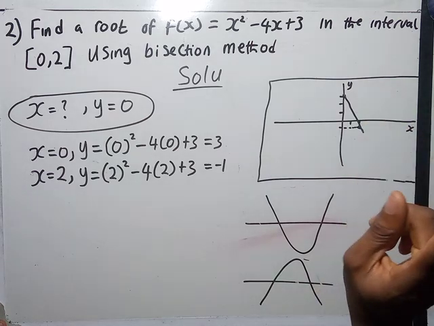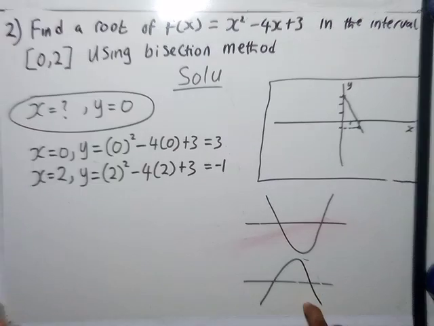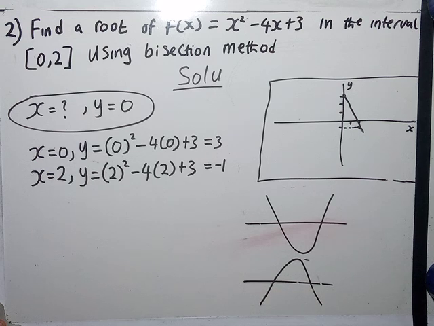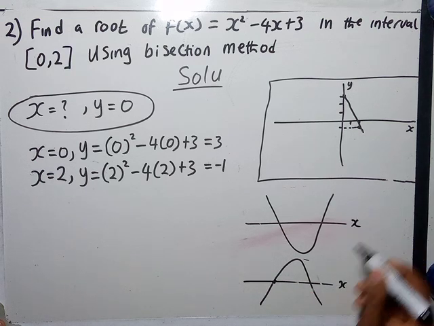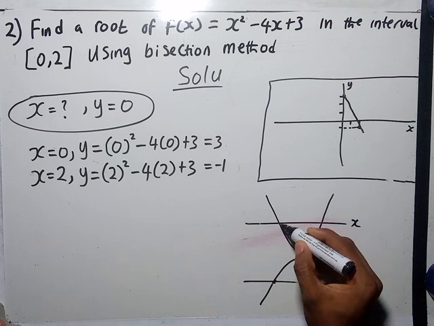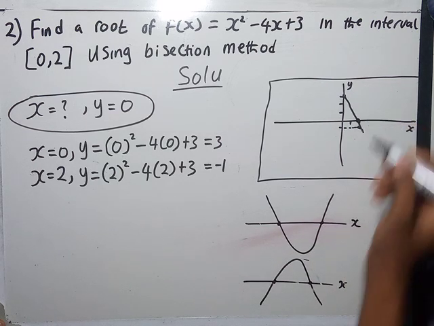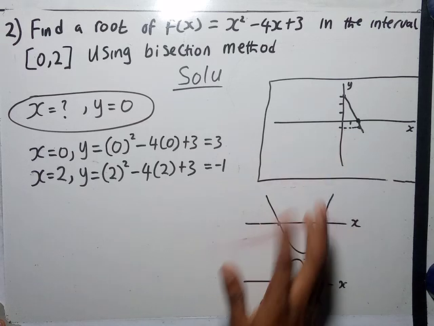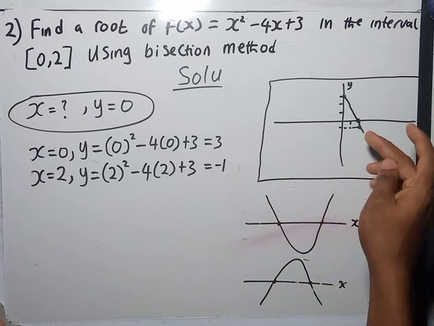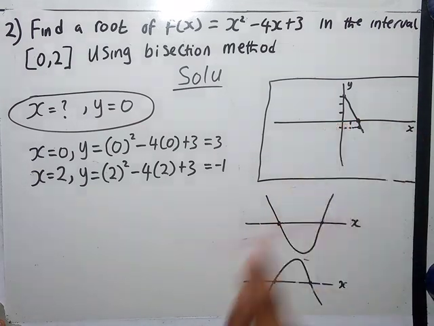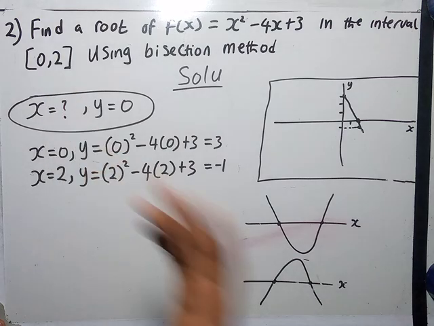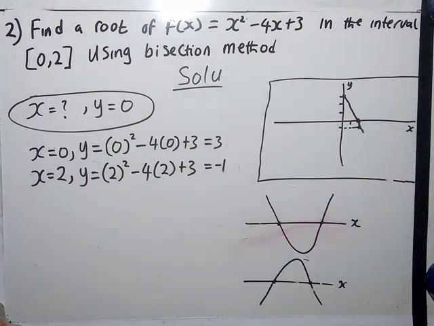Whether it is like this or like this, one of these two roots is here, and this is our x-axis, remember. From our rough sketch, it is telling us it is in between 2 and 0, which is exactly what the question is telling us, to find that particular value.